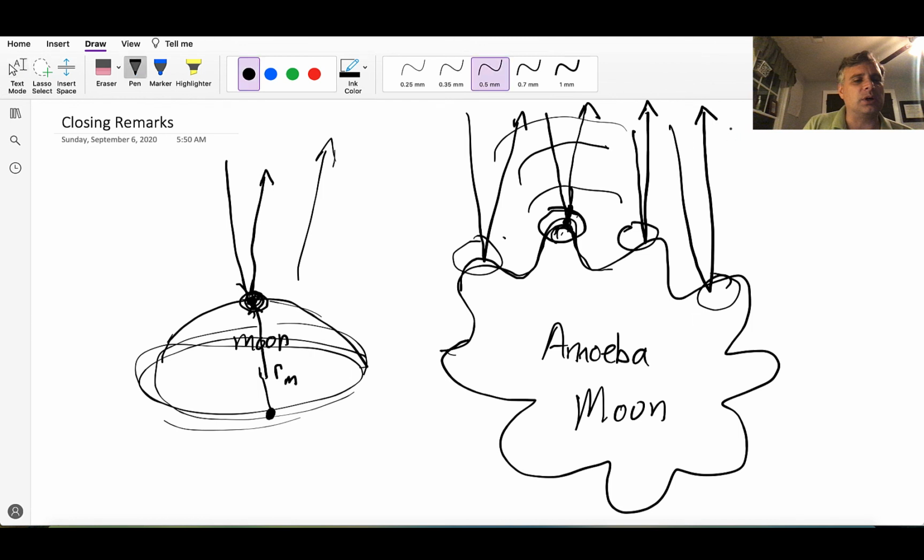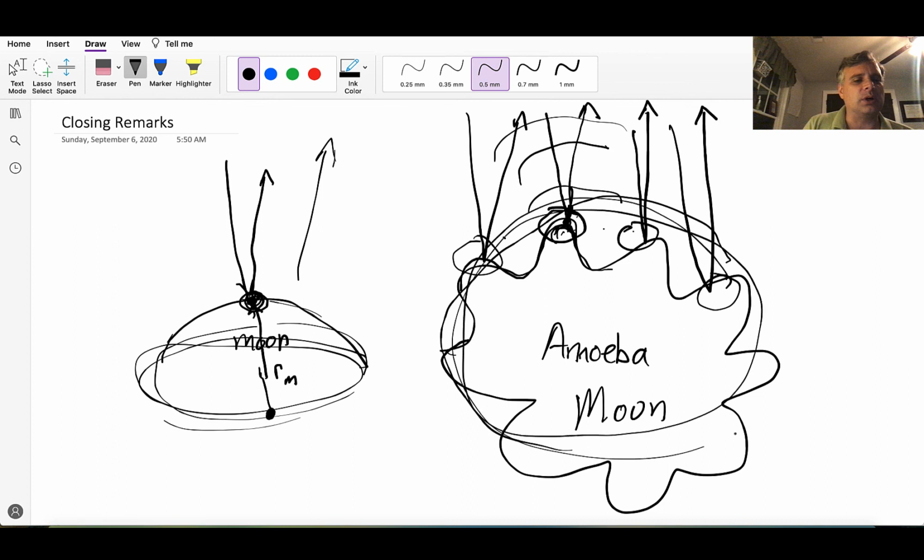But if you averaged out over space all those results, you would find that roughly you'd get the same result. The individual weaker reflections, but more of them, would combine to give you an average power that would be approximately pi r squared of this moon.